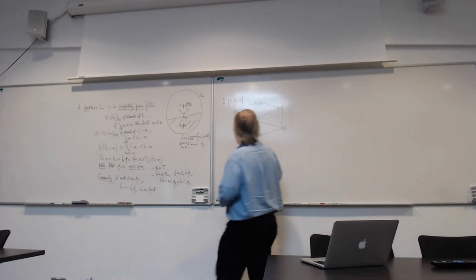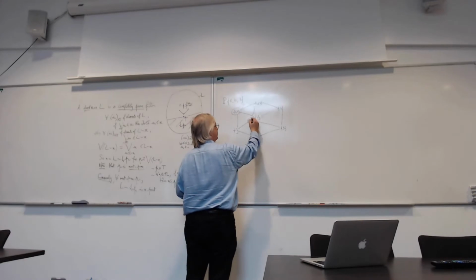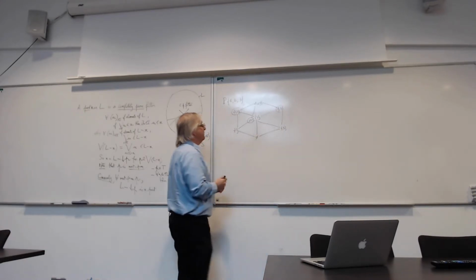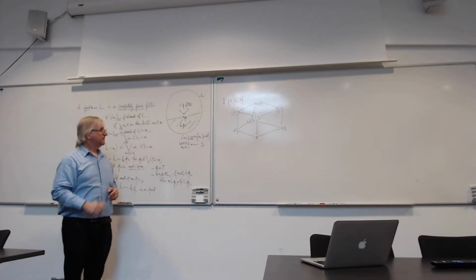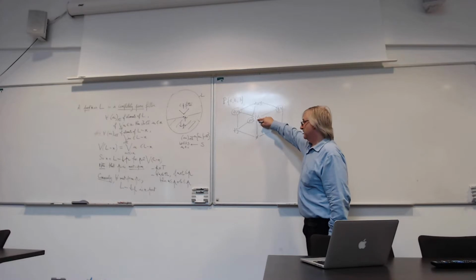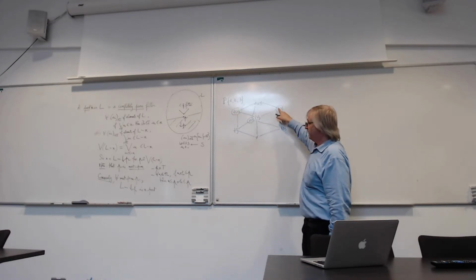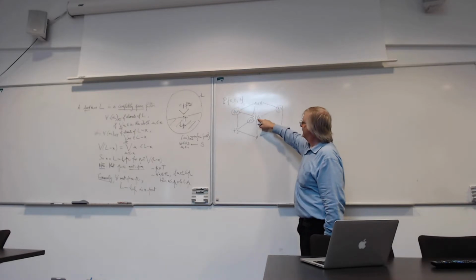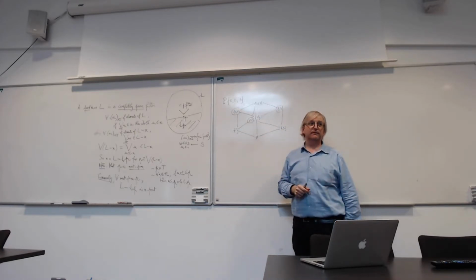Okay, so let me tell you the answer. The meet primes are these elements. So that can't be the top element. The top is not meet prime. And for example, 2 is not meet prime because there are 2 elements A and B, for example, these 2, which have the property that if you take their meet, it's below this element, but none of these elements is below this one.